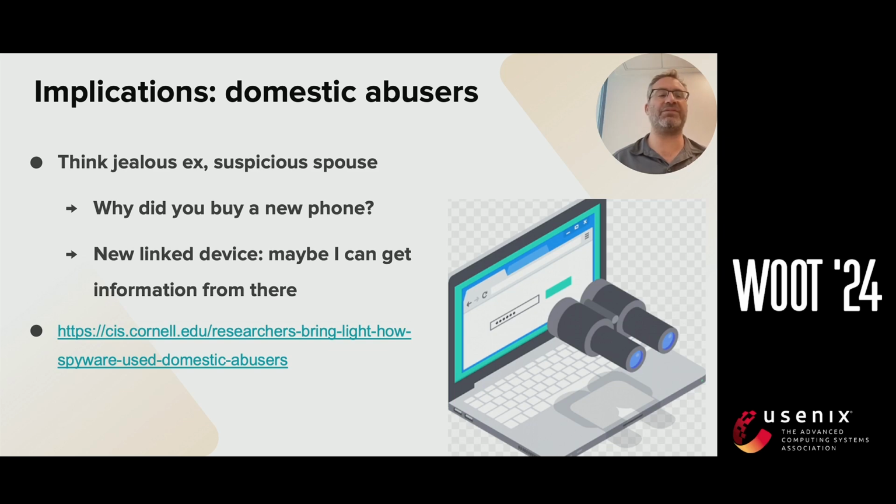Think about a jealous ex, a suspicious spouse. With this device information made available by WhatsApp, suddenly you can get asked, why did you buy a new phone? Because your security code had changed, your public key had changed. And that domestic abuser can learn that, let's say, her spouse got linked a new device.